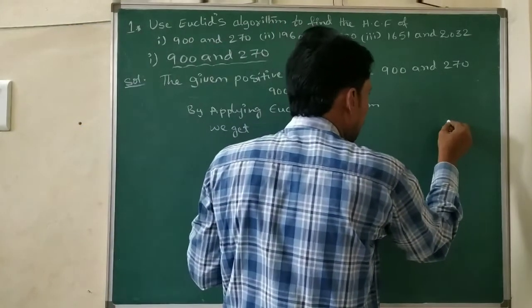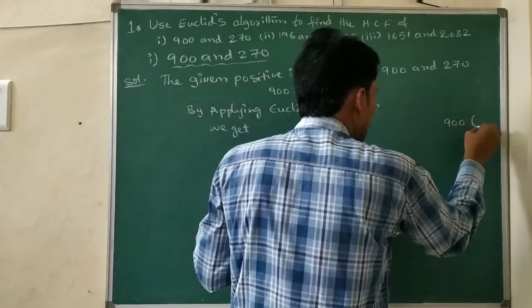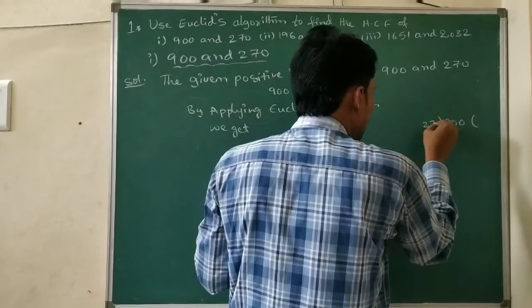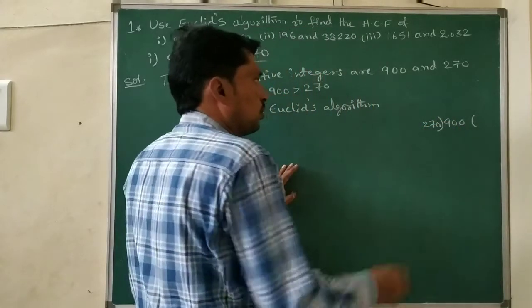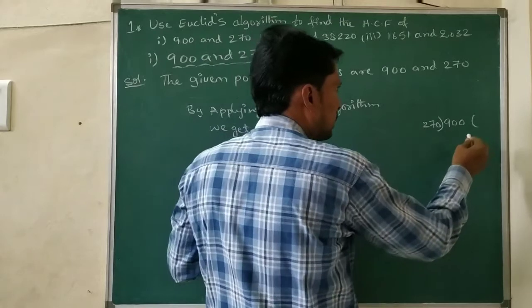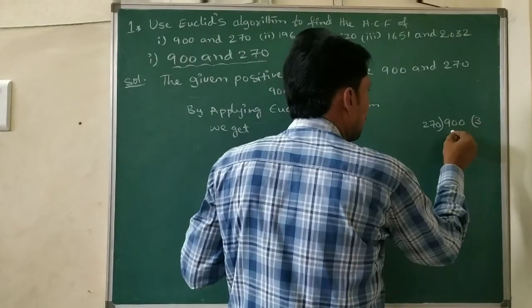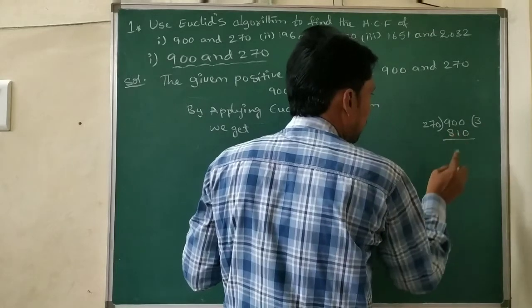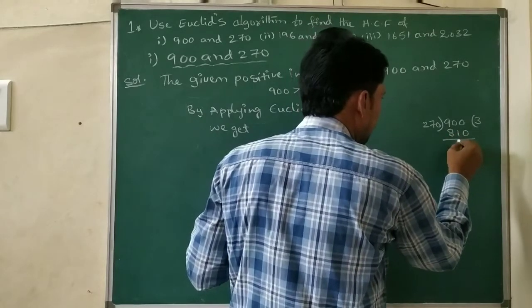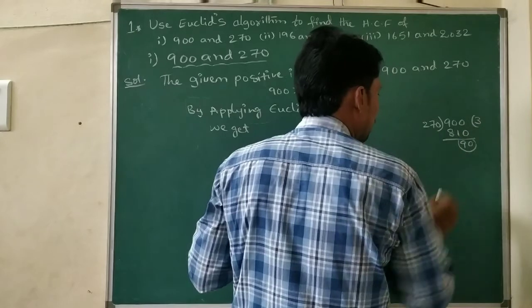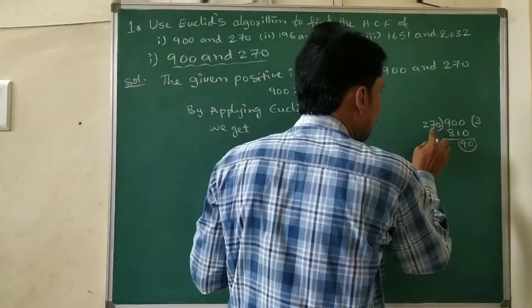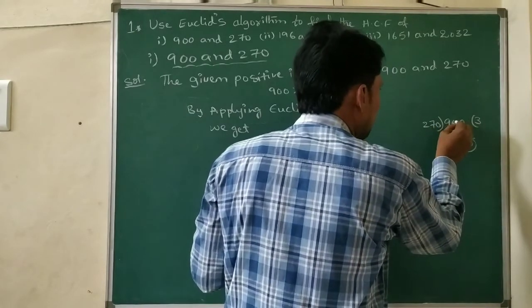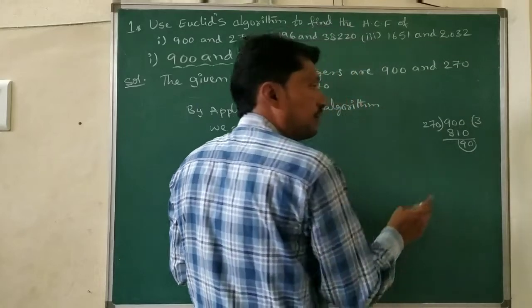You can divide 900 by 270. 270 3s are 810. 900 minus 810 is 90. Here 3 is the quotient, 90 is the remainder, 270 is the divisor, and 900 is the dividend.